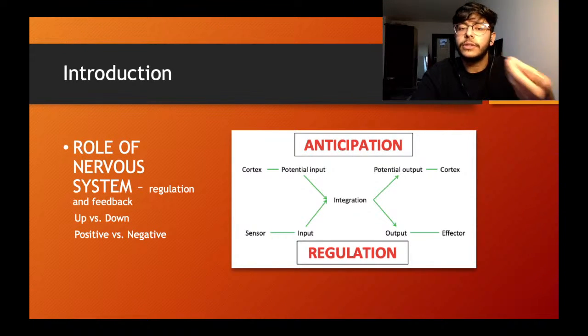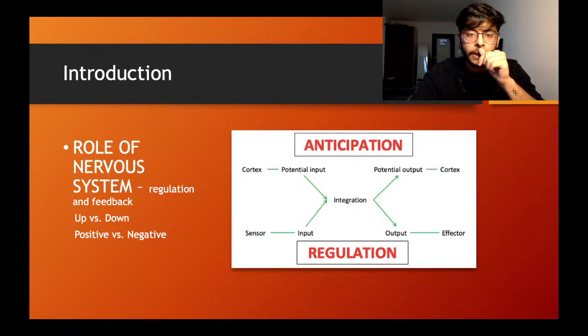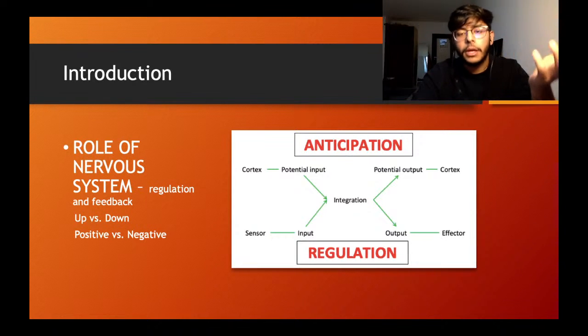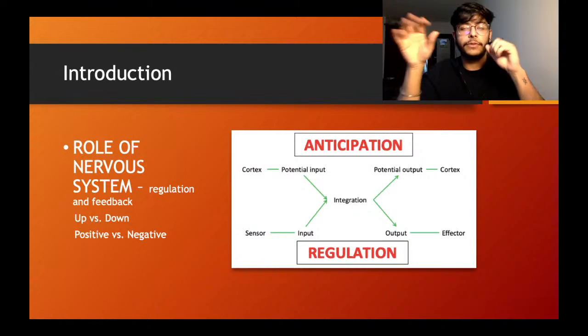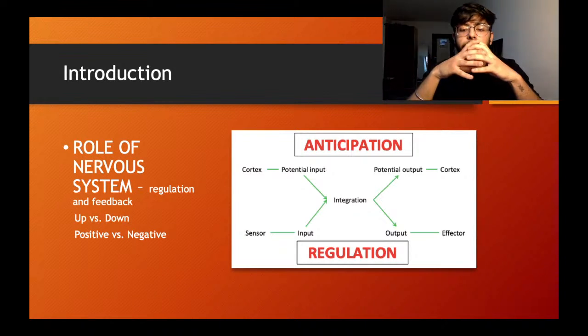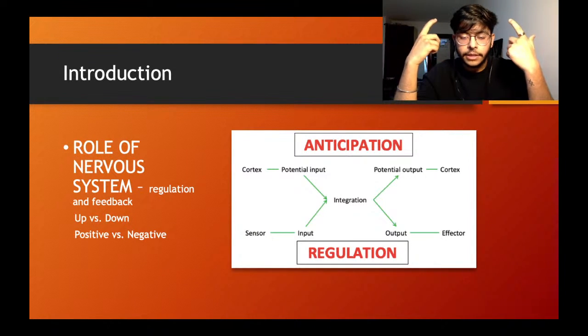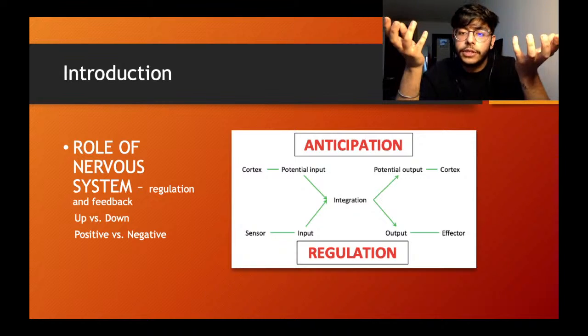When we have an actual stimulus that has an actual physical response in our body, our brain has already sort of anticipated that with time. All of this information from different places gets integrated in the CNS, and an output is produced.